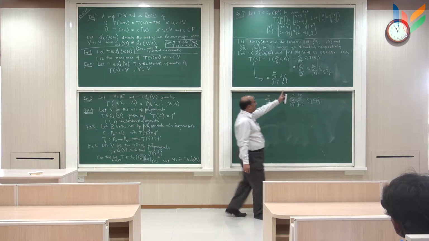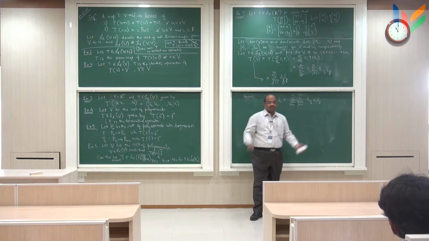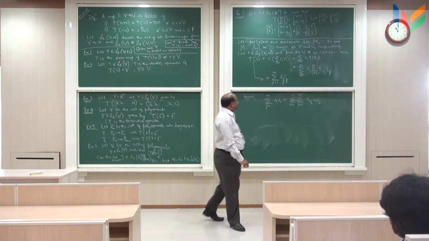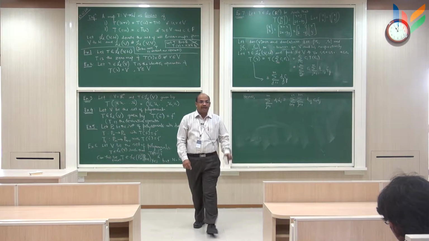So what I did is here I just brought in Ci into this thing, I do not think it is going to matter. Now, can I interchange i and j in the summation?